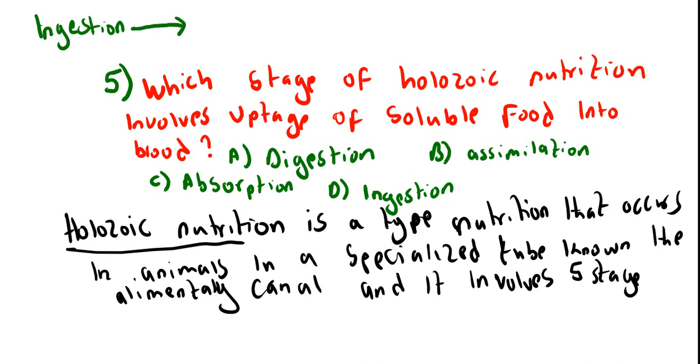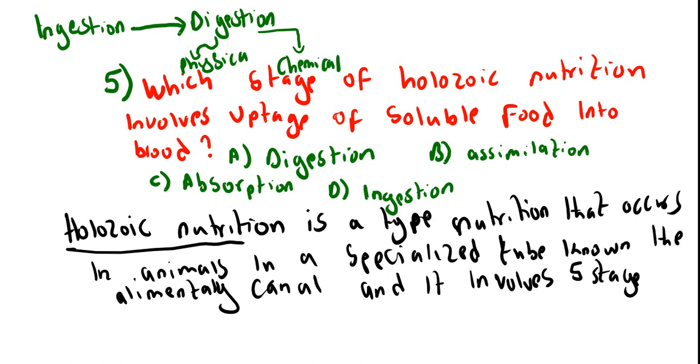Then the next stage is referred to as digestion. What is digestion? It is basically the breaking down of large food particles or molecules into smaller ones, and it can be in 2 forms. When it is happening with the help of the teeth, it is known as physical digestion. When it's happening with the help of enzymes, it's called chemical digestion.